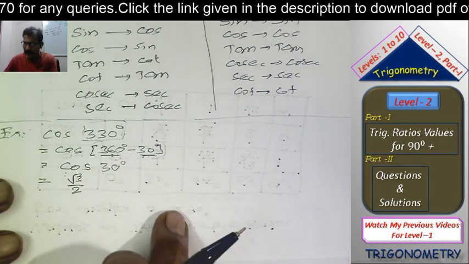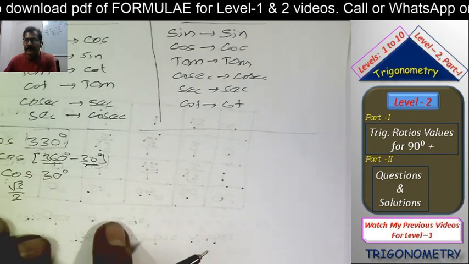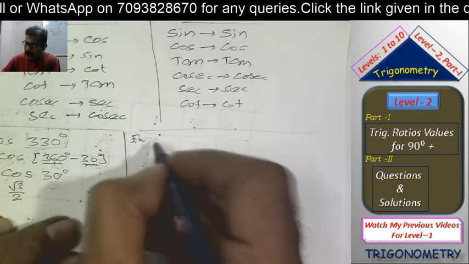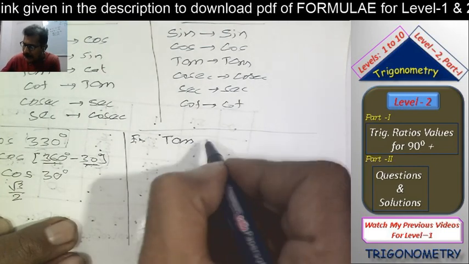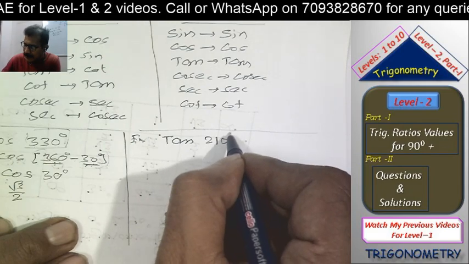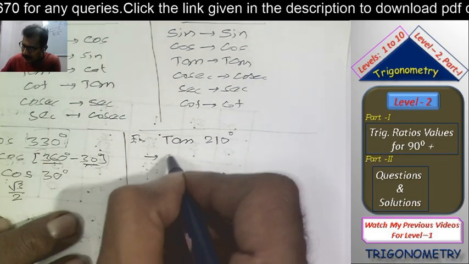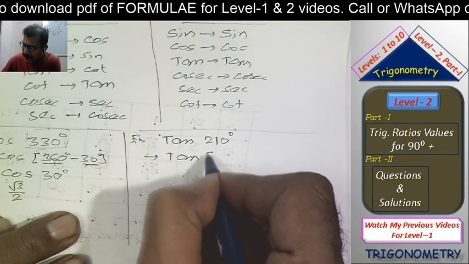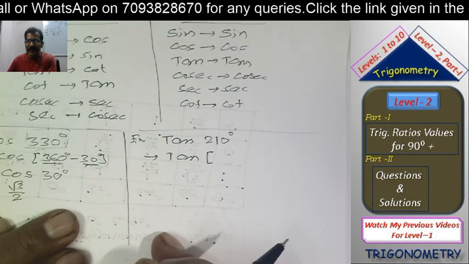So I'll take another example. I want to find tan of 210 degrees. So I'm writing tan, and split 210 into something like 90 plus or minus, or 180 plus or minus, or 270 plus or minus.